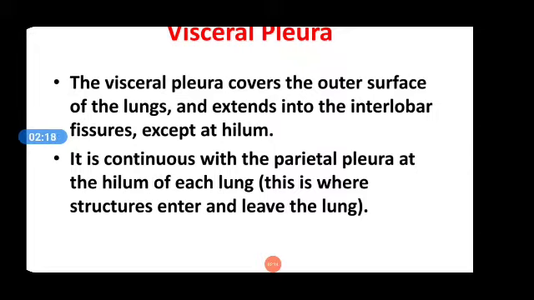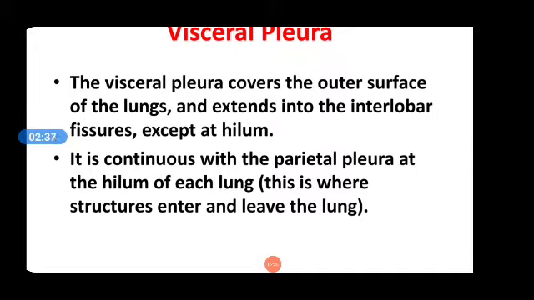The division takes place with the help of the fissures, the oblique fissure and the horizontal fissure. So the visceral pleura extends into the interlobar fissures except at the hilum.